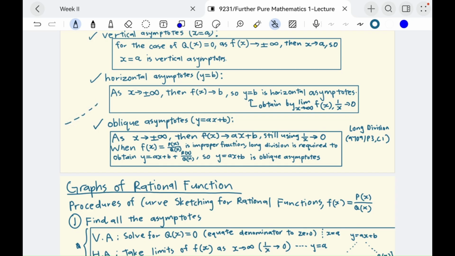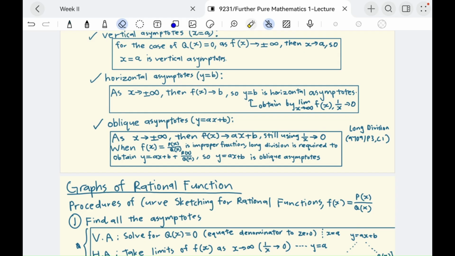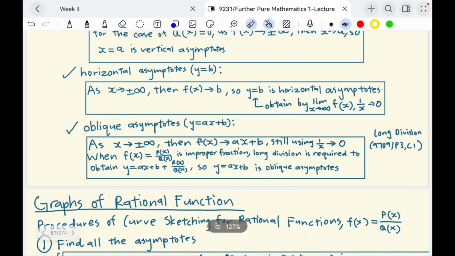Everyone knows that a slope straight line has the standard general equation of y equals to mx plus c. So this goes to the same thing. As x goes to infinity, f(x) will be approaching ax plus b, which means y equals to ax plus b will be the oblique asymptote, by referring to the previous one, which is the limit of f(x) as x goes to infinity.